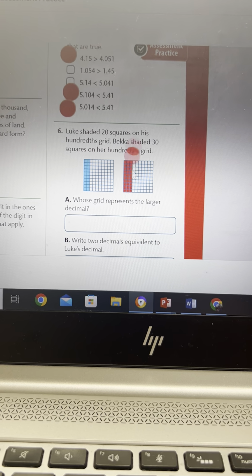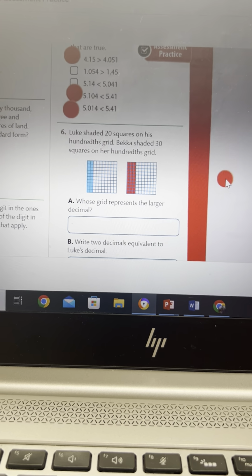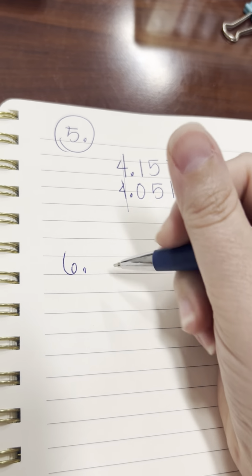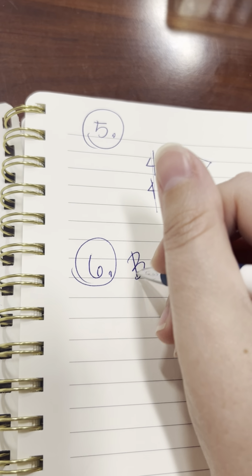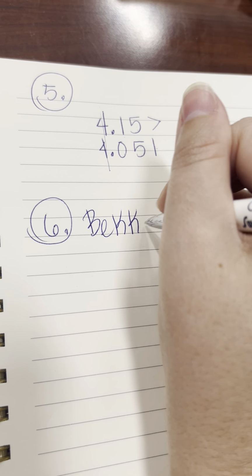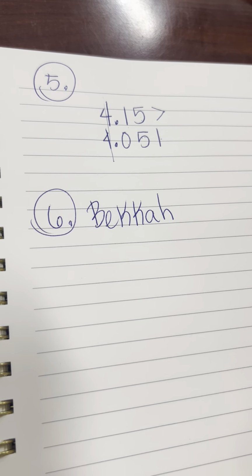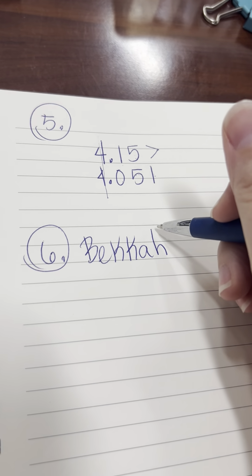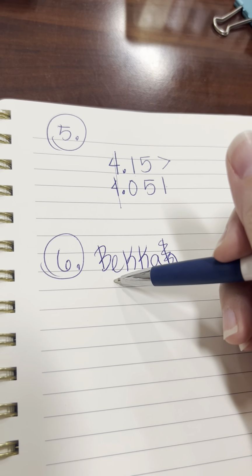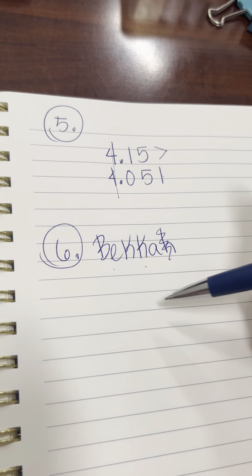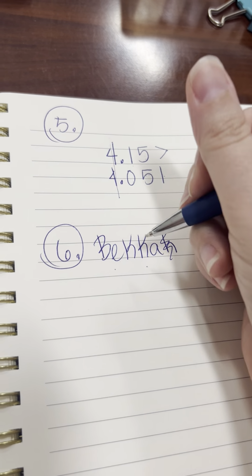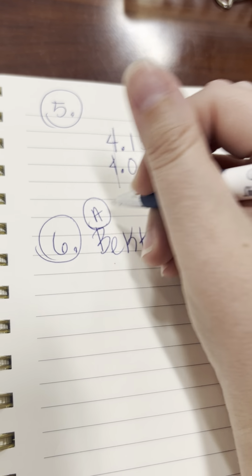Luke shaded 2 tenths, Becca shaded 3 tenths. Number 6 is asking who has more. We marked down Becca in class because Becca has 3 tenths versus Luke's 2 tenths. So she has more. And that was part A.